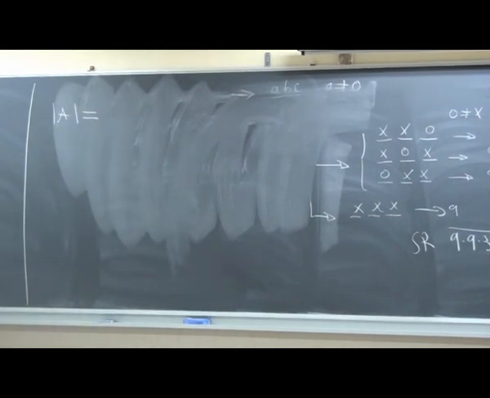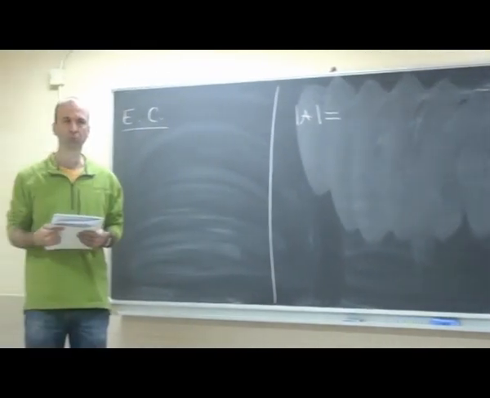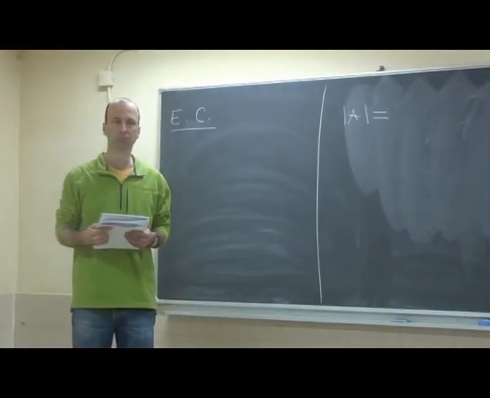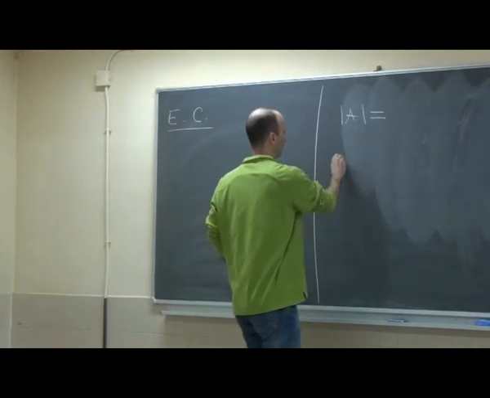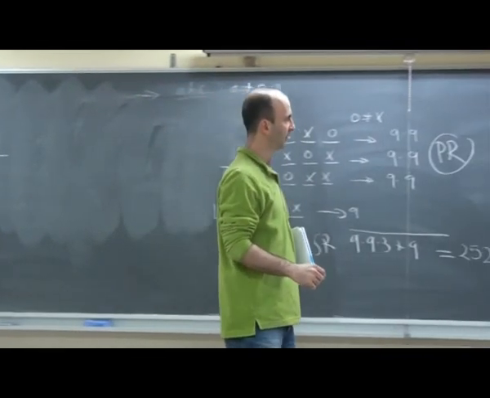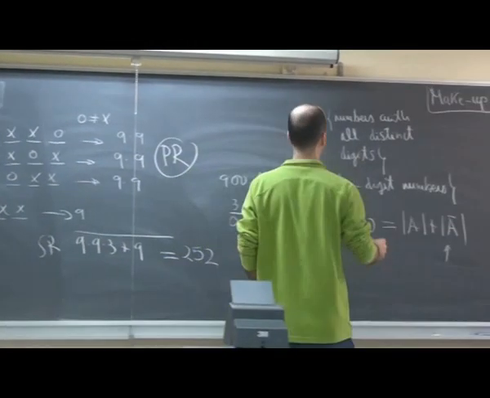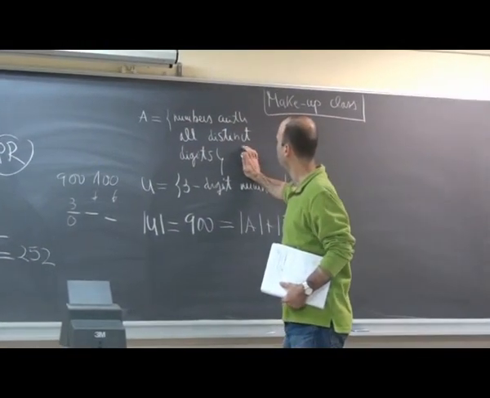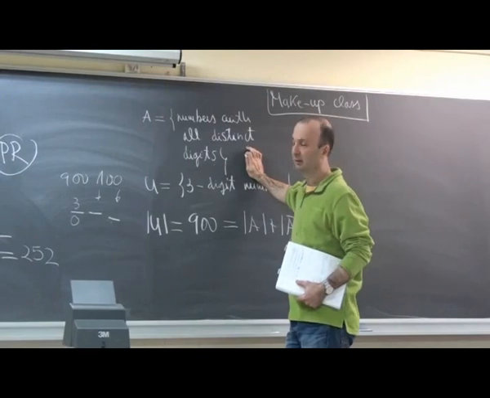So, ideas? How to compute the number of integers with all distinct digits.